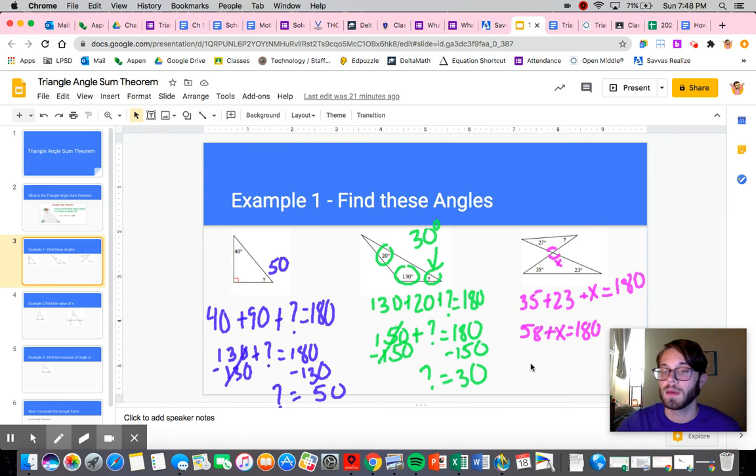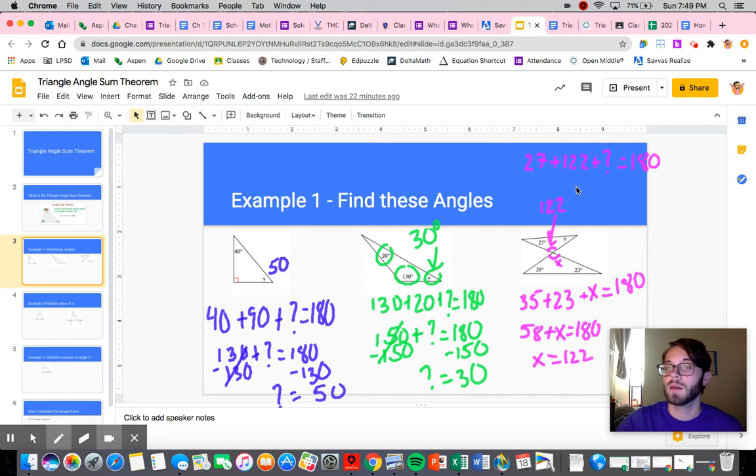After I subtract the 58, x is going to be 122. So this here is 122. So now I can use the fact that this is 27 and this is 122 to figure out my question mark. I know that 27 plus 122 plus my question mark is 180.